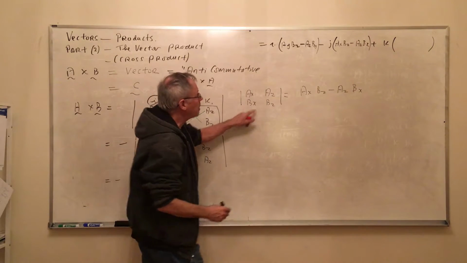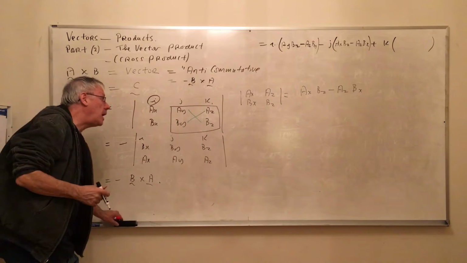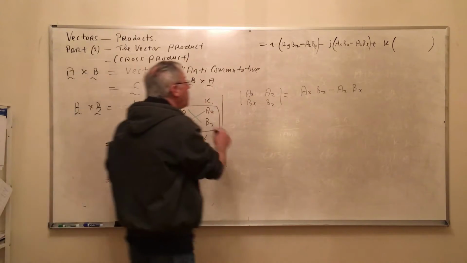That's the cofactor. I stuck it in here. XBZ minus AZBX. Now we go to the K part.